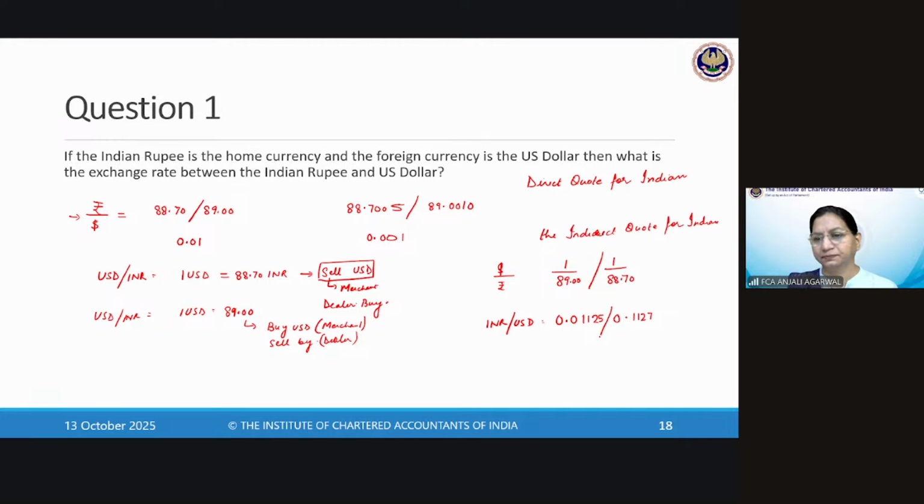So this is the quote. This becomes an indirect quote for an Indian, or a direct quote for a US citizen. This is also an American quote, and the earlier one is a European quote. Right? Any doubts here? No, ma'am. Okay, great.